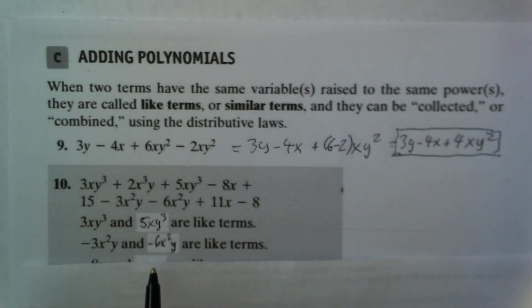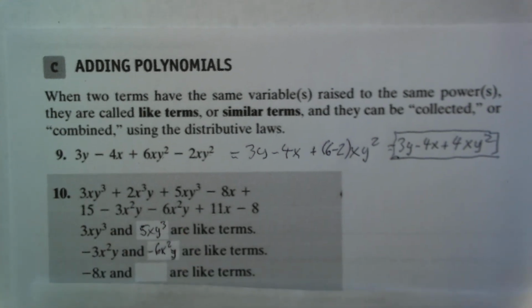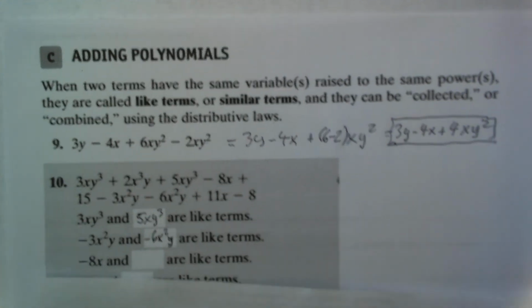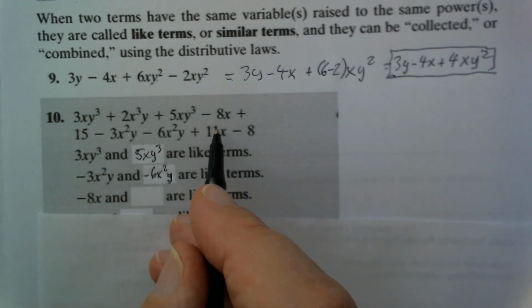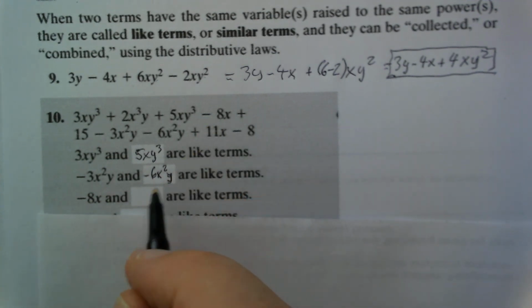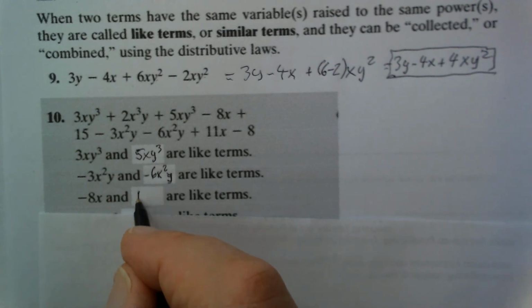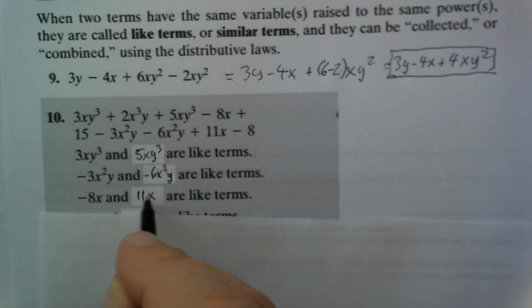Again, it has nothing to do with the coefficients, the numbers that multiply the variables, but it has everything to do with the variables being the same and having been raised to the same powers. And then we can see that minus 8x and 11x are like terms, x raised to the first power only.